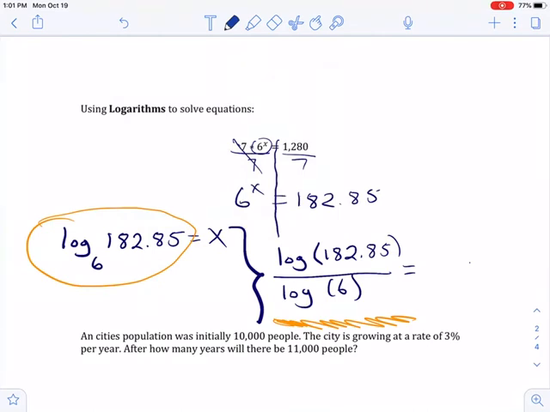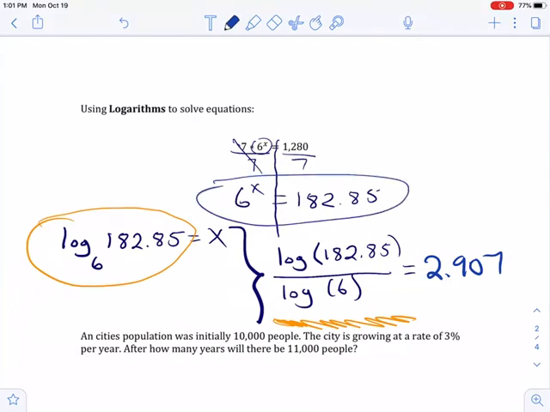So if I just type those in, log 182.85 divided by the log of 6, I end up getting 2.907. So x equals 2.907.